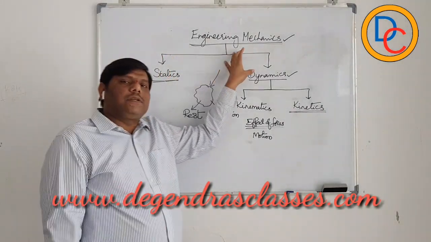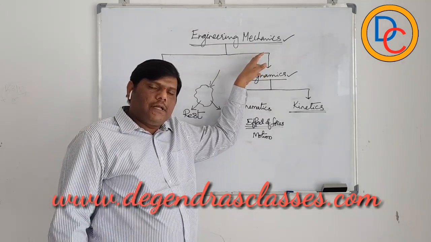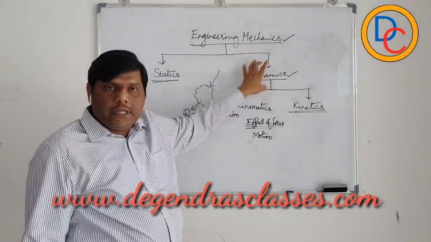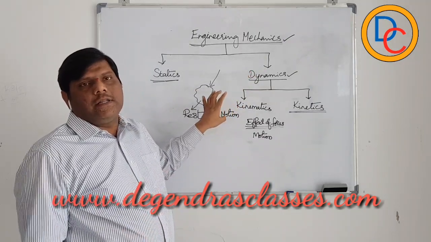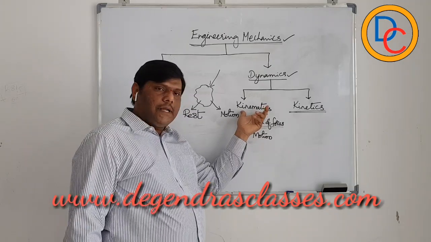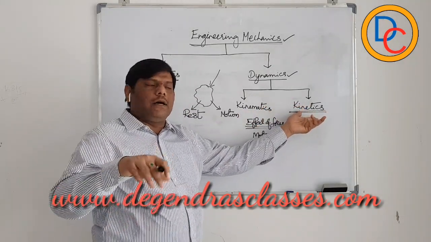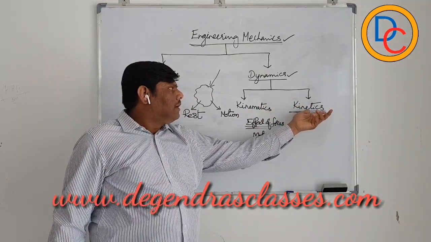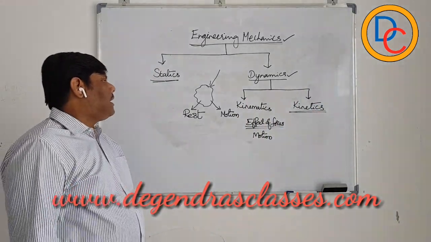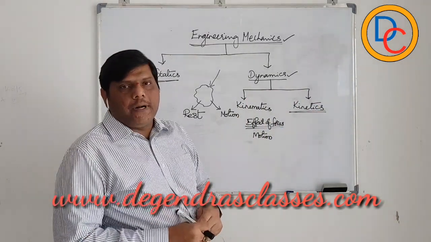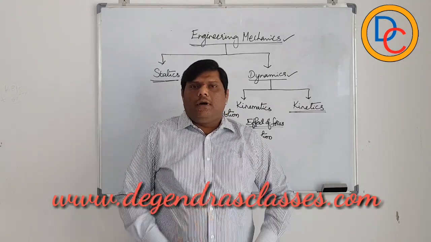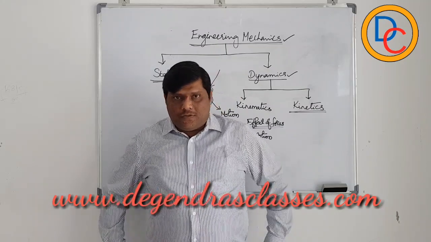If those bodies are in motion, that is called dynamics. In that, if you are not considering the cause of motion, that means forces, then that is called kinematics. And if you are considering the cause of motion, that is called kinetics. So, this is the introduction part of engineering mechanics with some basic fundamental things we discussed today.